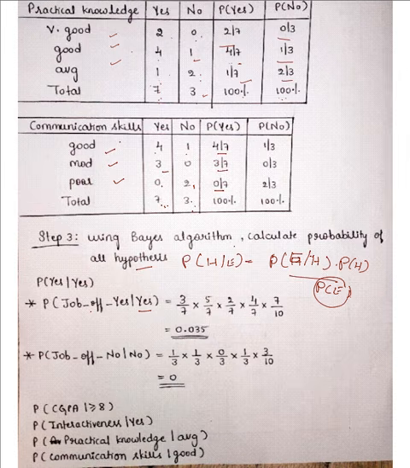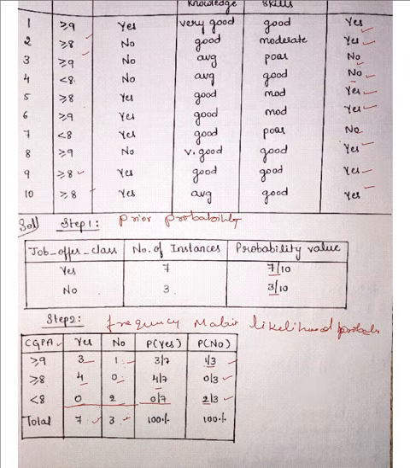Here, on yes, just see each of the attributes. For the first attribute, CGPA greater than or equal to 9, the probability for the first instance is 3 by 7. So we take 3 by 7 into the next attribute.